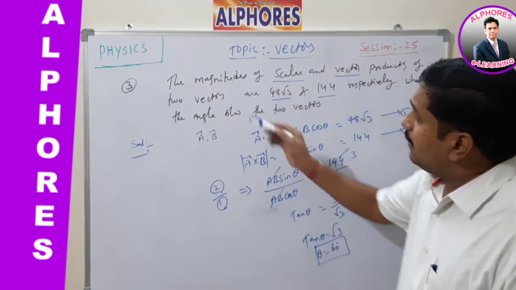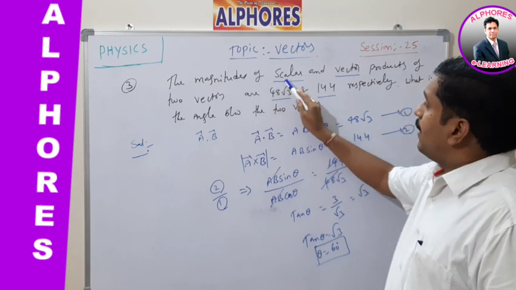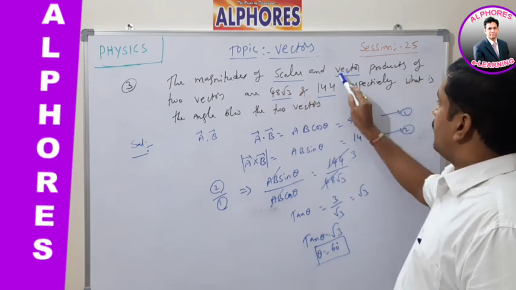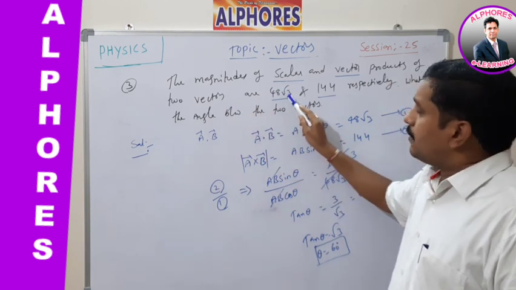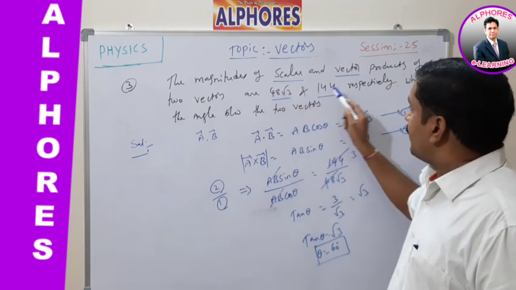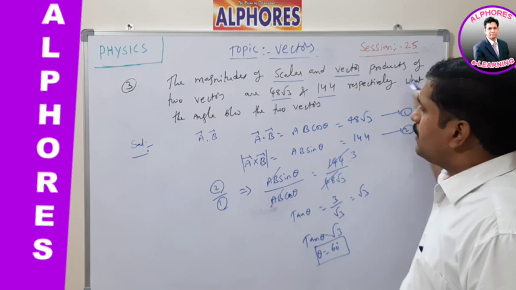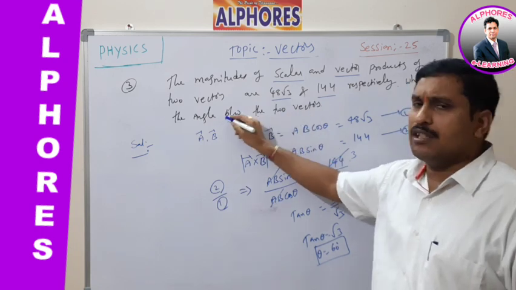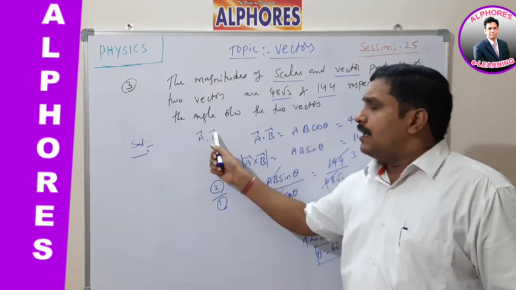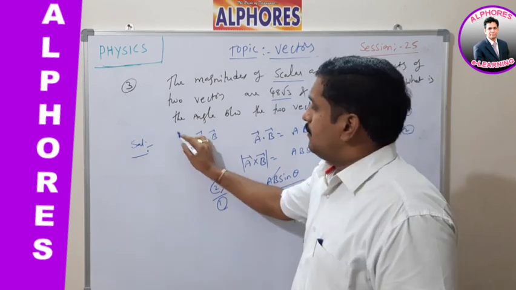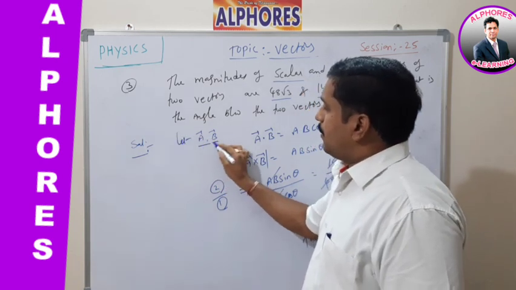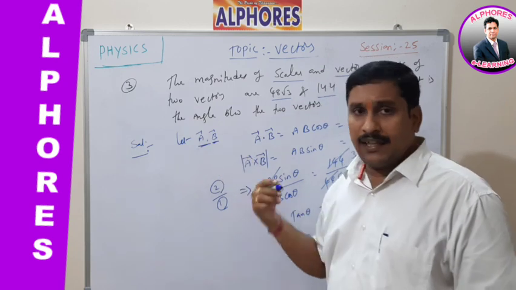Means from this data, the magnitudes of scalar and vector products of two vectors are 48√3 and 144 respectively. Then what is the angle between the two vectors? In the solution, let A bar and B bar be the two vectors which are inclined at angle theta.